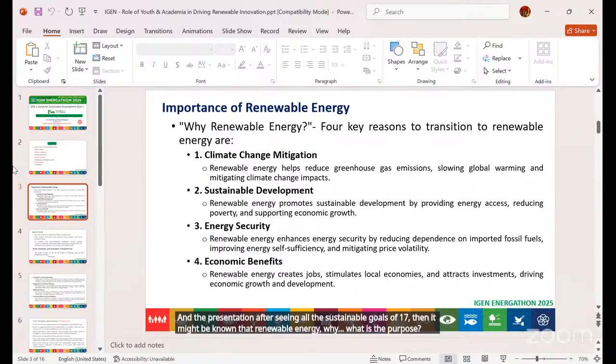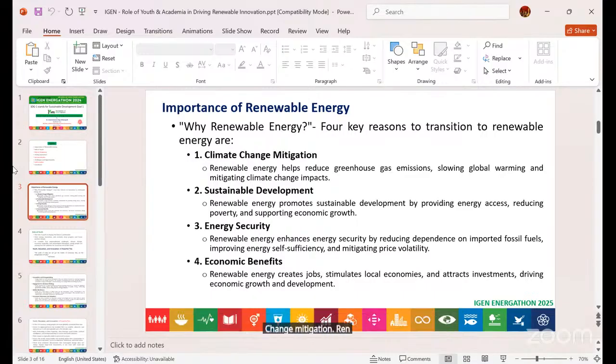Just to give a quick glance here, the four key reasons to transition to renewable energy are climate change mitigation, sustainable development, energy security, and economic benefits. Finally, everyone will be thinking about the economic benefits. Let's look at what exactly climate change mitigation is.